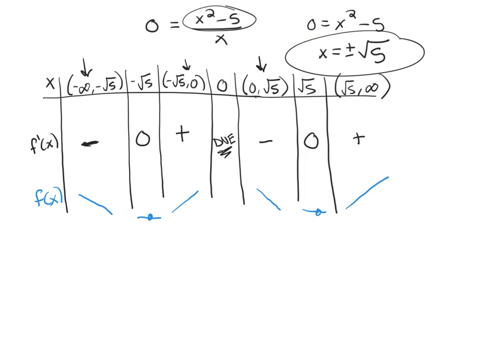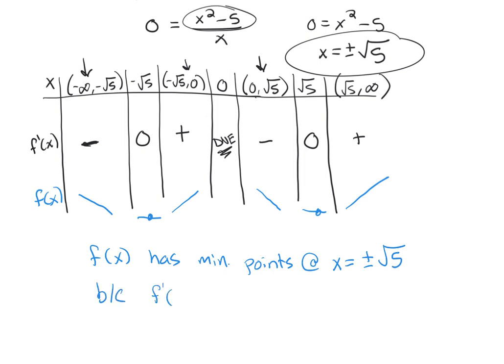So f of x has minimum points at x equals plus and minus square root of 5, and that is because f prime of x changes sign from negative to positive.